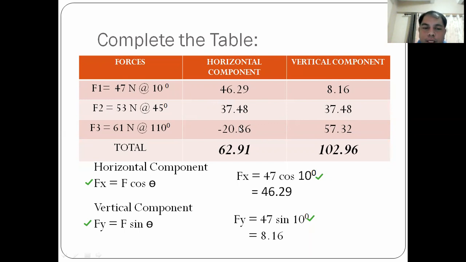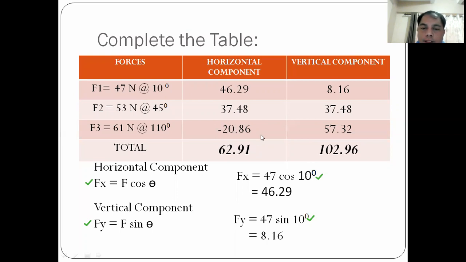Now, for our F3, we are in quadrant 2, because the angle there is 110 degrees. So you'll see that the 61 newtons is moving towards the second quadrant. Its x component will be negative, negative 20.86, if we put 61 cosine of 110. You'll get a negative answer there, so we will include the negative sign here.